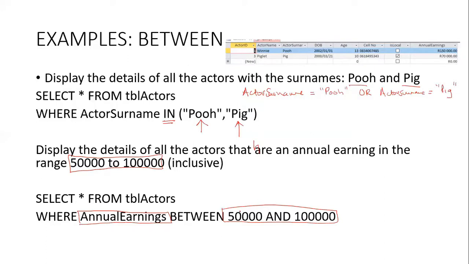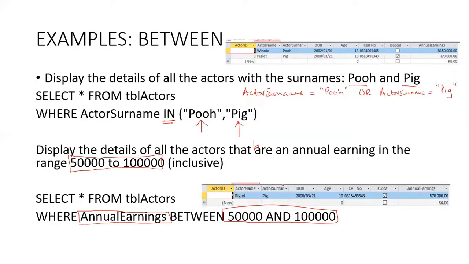That is how you would use the between operator. And in that case, you would then get 70,000, which falls within that range, and Piglet is the only one in that range.